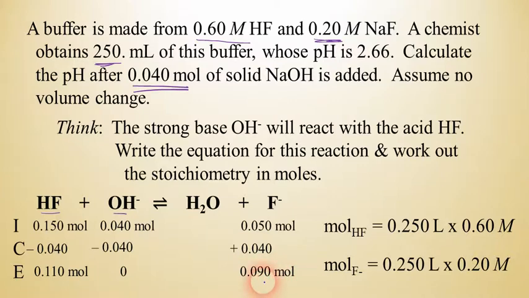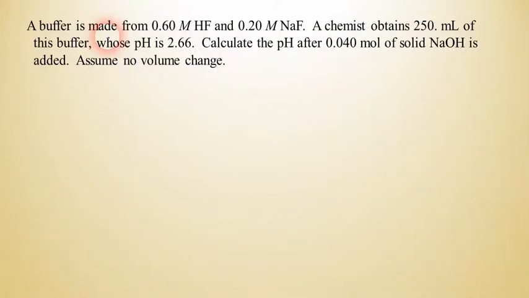Now, to figure out the actual pH, we need to convert these to molarity. So we're going to divide both of these numbers by the total volume. And we just said the total volume is this 250 milliliters, or 0.25 liters. So we do that for HF.